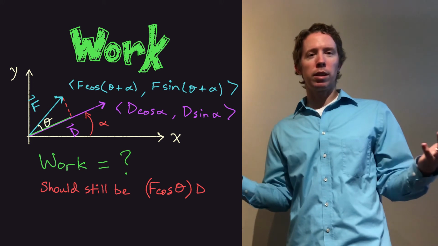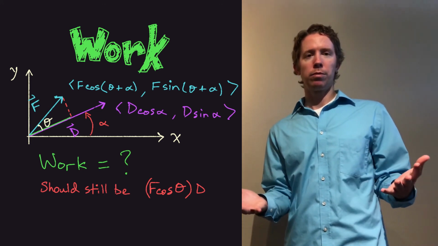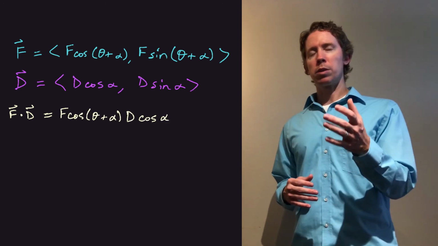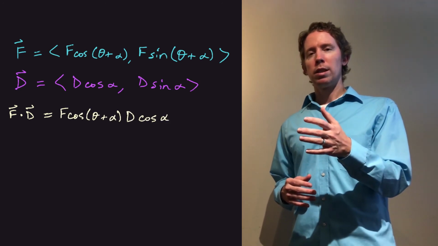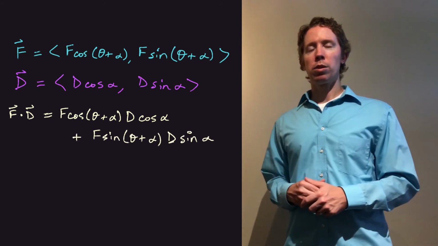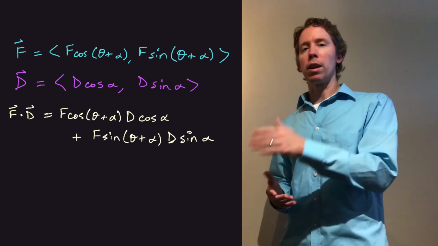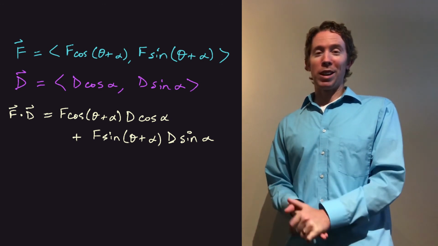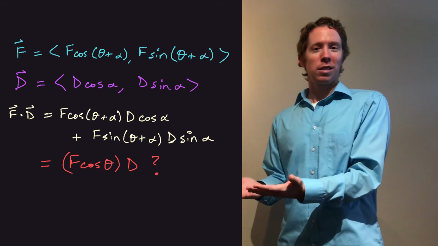So what happens if we take the dot product of the two vectors now? If we take the dot product of these two vectors, then we get F times cosine of theta plus alpha times d cosine alpha plus F sine of theta plus alpha times d sine alpha. So is that correct? Does that give us the work?